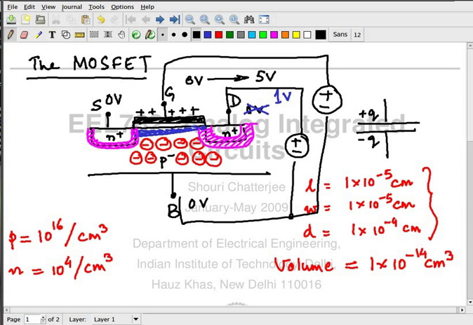The source is 0 volts already. It's a slower process. If it comes through this, then it's a very slow process. It takes a lot of time. If it comes from here also, it's slower than what is readily available.